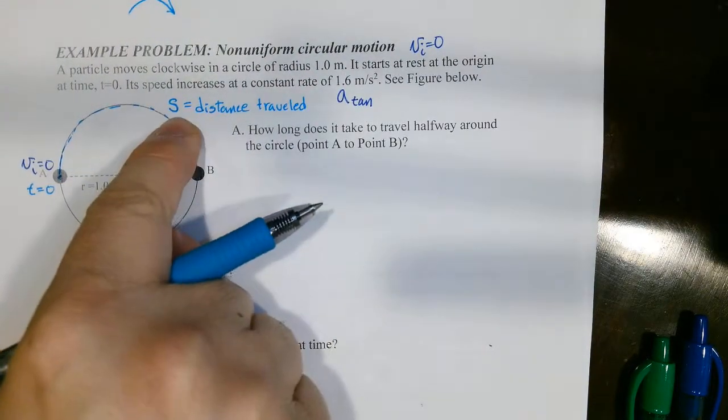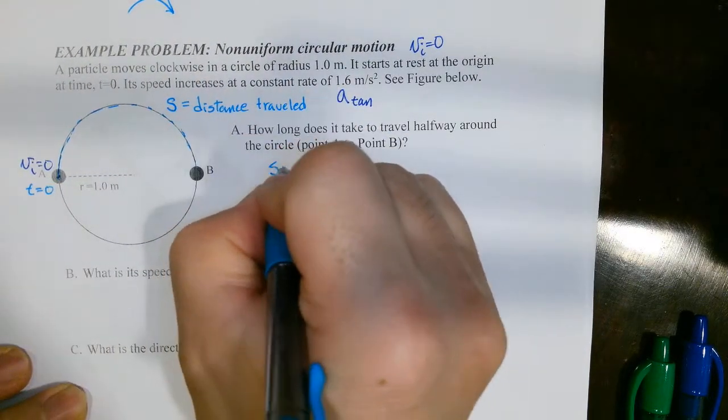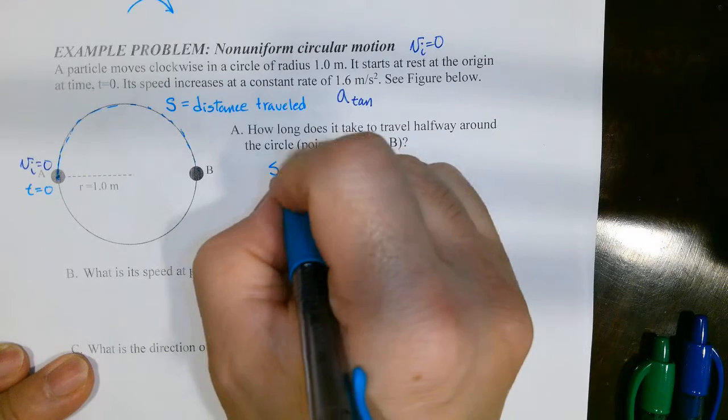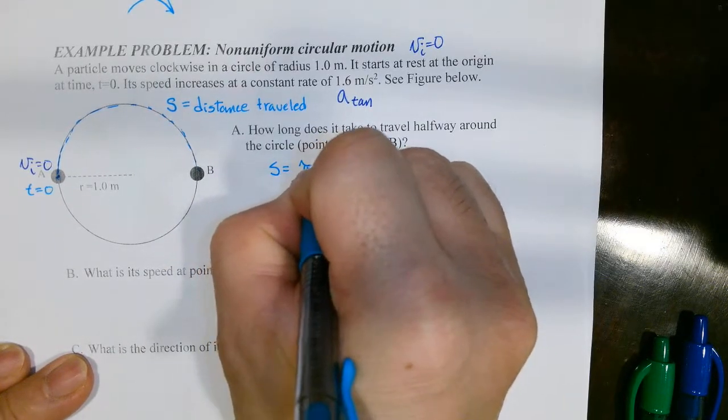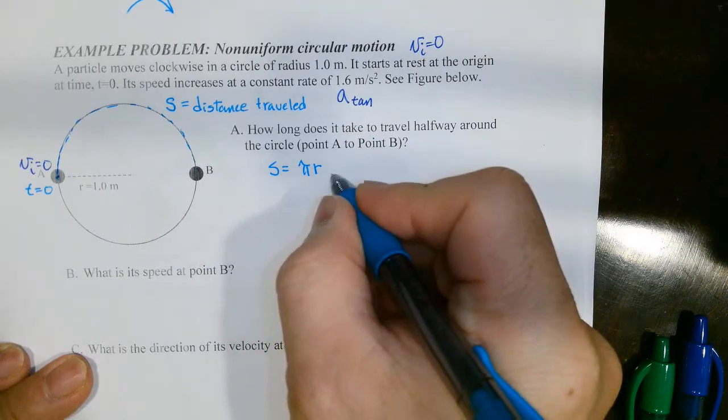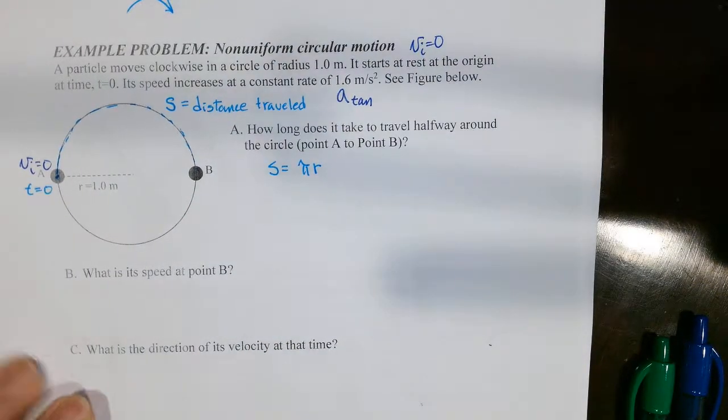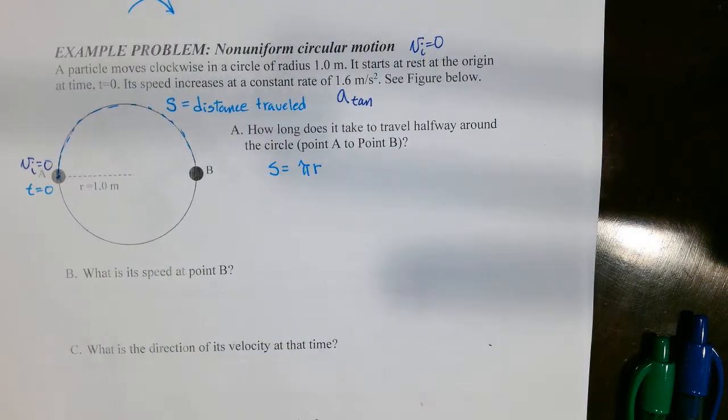That s is equal to half a circle, right? So 2 pi r over 2, or just pi r. Okay?